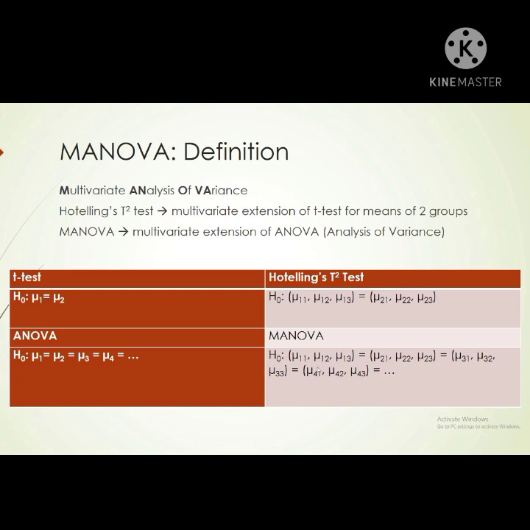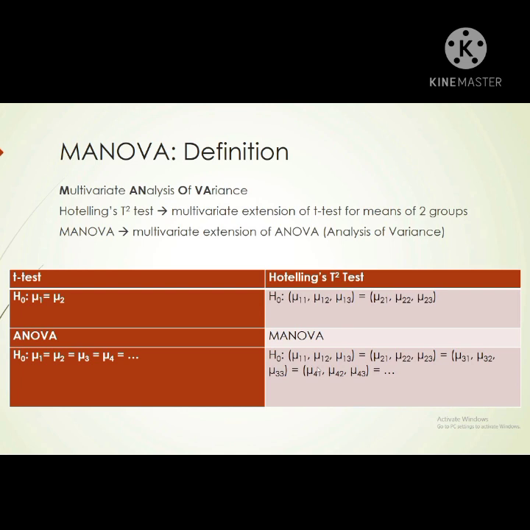So we can see here in the t-test that we are trying to compare the scalar means of two groups, but for the multivariate Hotelling's T-squared test, we have three variables as the outcomes whose means we are trying to compare, compared to the t-test where we have only one outcome to compare.